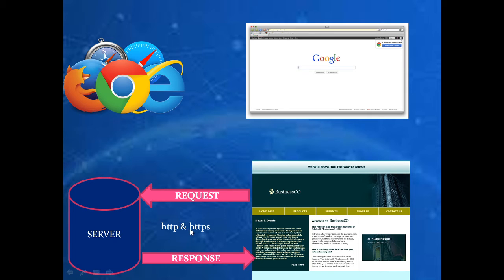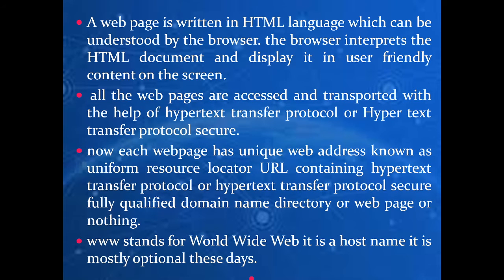Hypertext Transfer Protocol or Hypertext Transfer Protocol Secure. It is also known as the HTTP protocol or HTTPS protocol. A web page is written in HTML language, which can be understood by the browser.